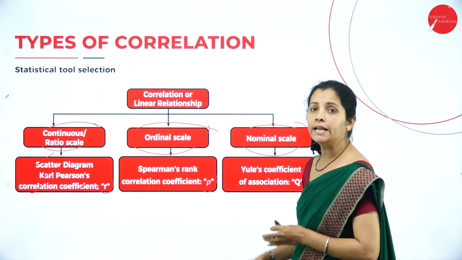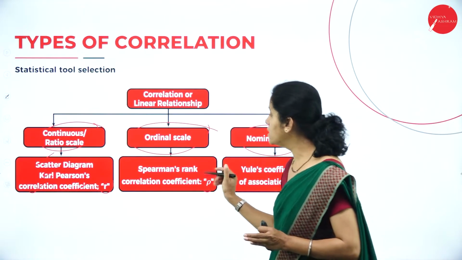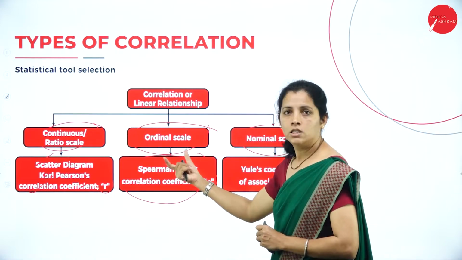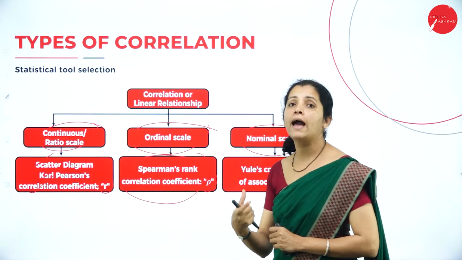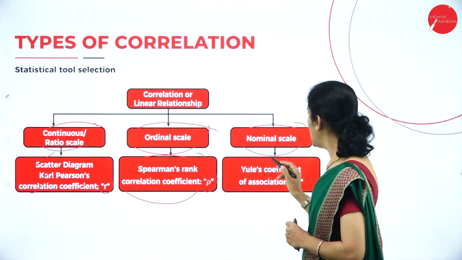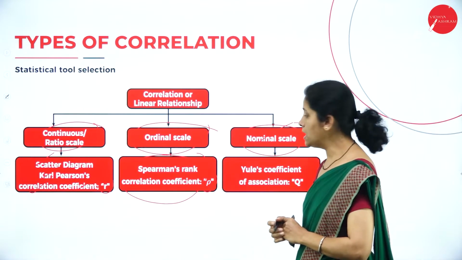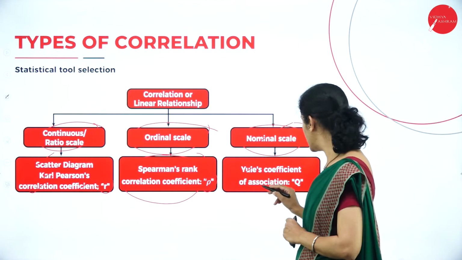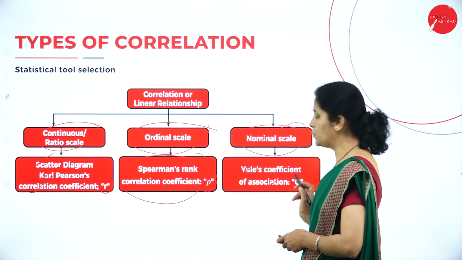So, dear student, according to the syllabus, I just want to explain only this topic, that is Spearman's rank correlation. Under the nominal scale, I am going to have Yule's coefficient of association, represented by the letter Q.